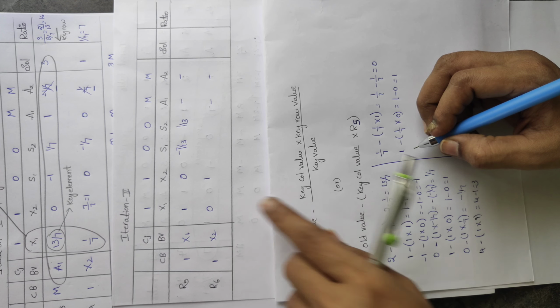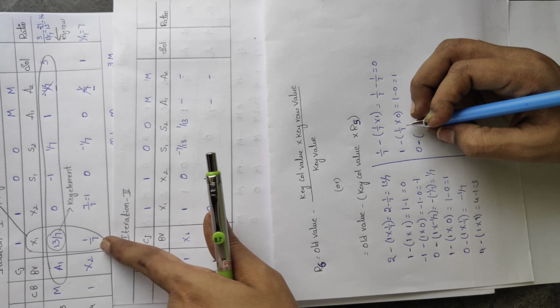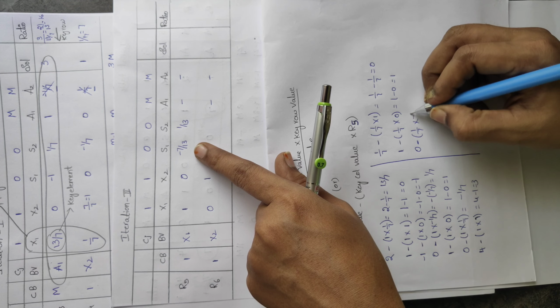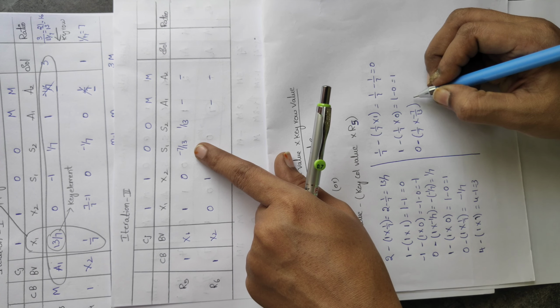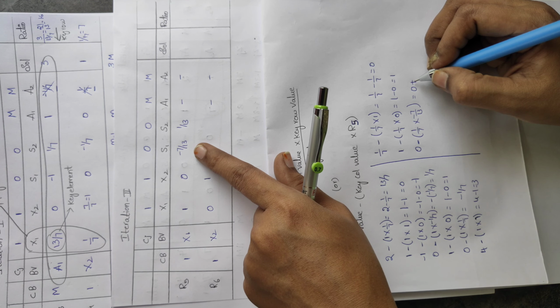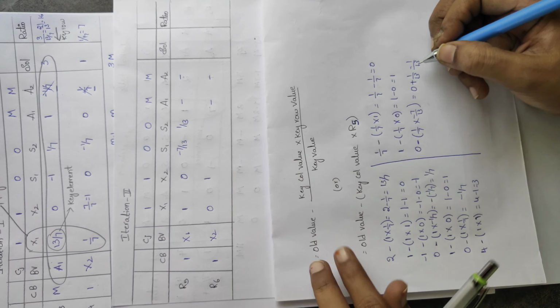And the next old value is 0 minus key column value, 1 by 7, into R5 value. R5 value is minus 7 by 13. That equals 0 plus 1 by 13, which is 1 by 13.